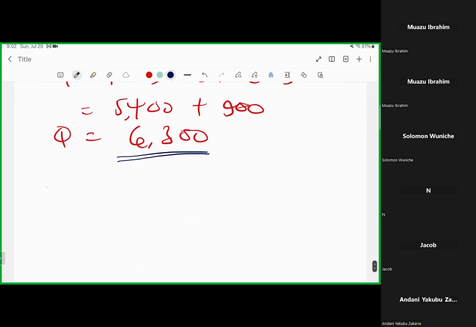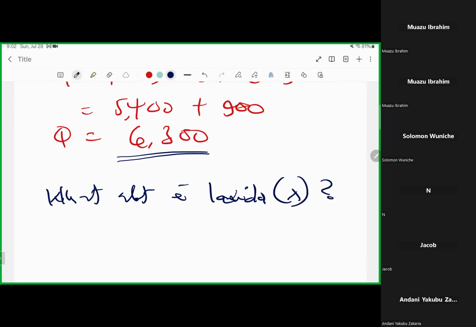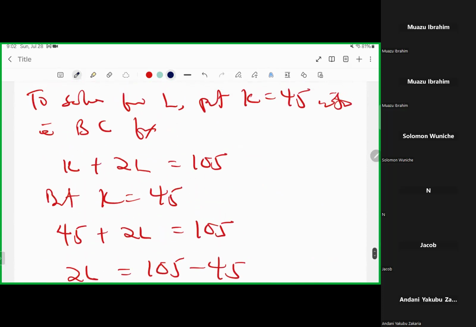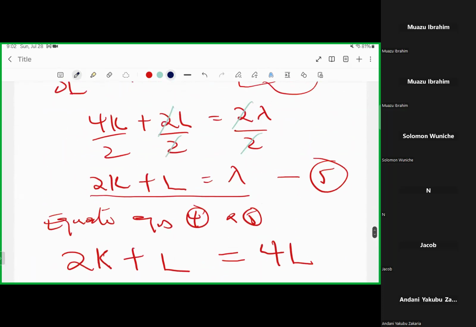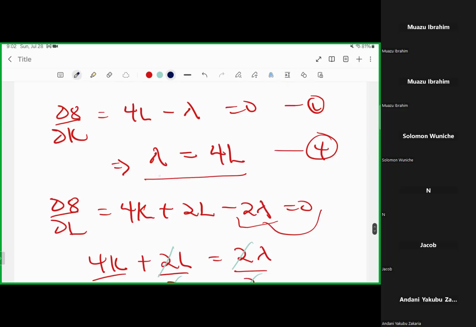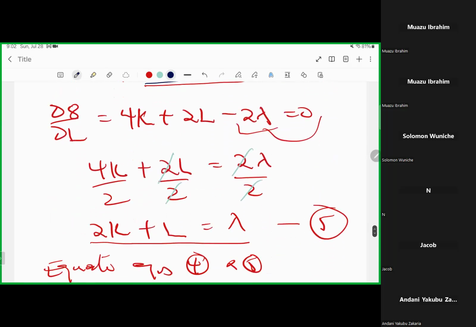Now, what about the lambda? What is the meaning of the lambda? You will realize that where can we find lambda in this equation? We can find lambda here. In fact, we can also find it here.